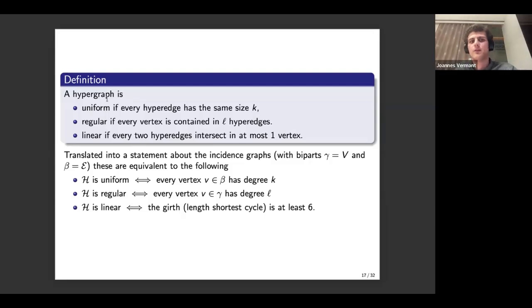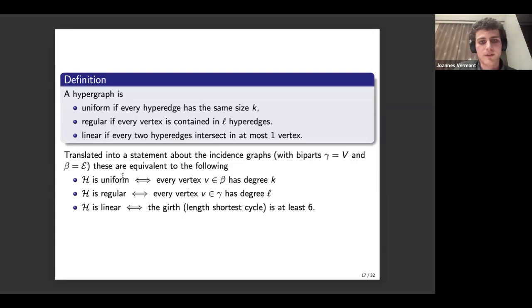A hypergraph is said to be uniform if every hyperedge has the same size k. It is said to be regular if every vertex is contained in L hyperedges, and it is said to be linear if every two hyperedges intersect in at most one vertex. If you translate this into a statement about the incidence graph, these properties are equivalent to the following.